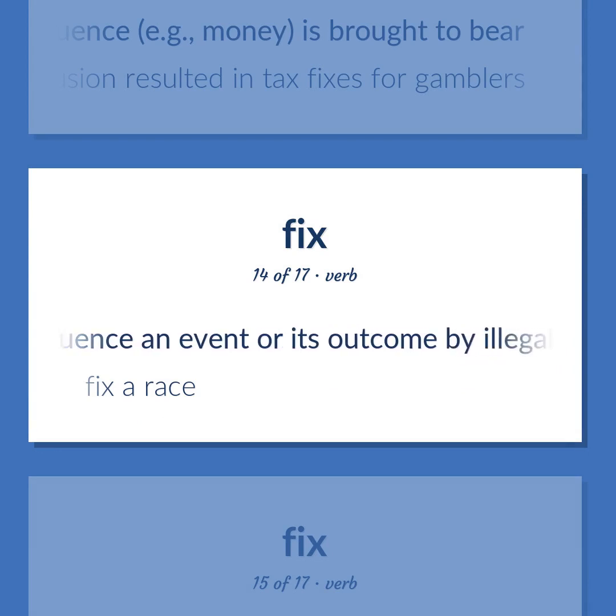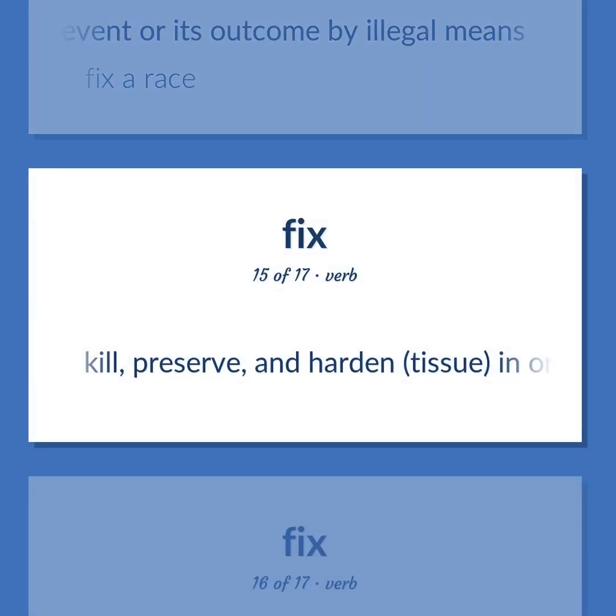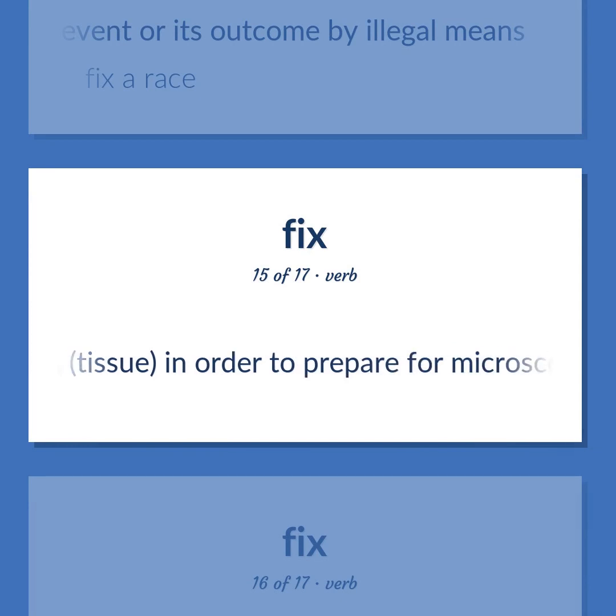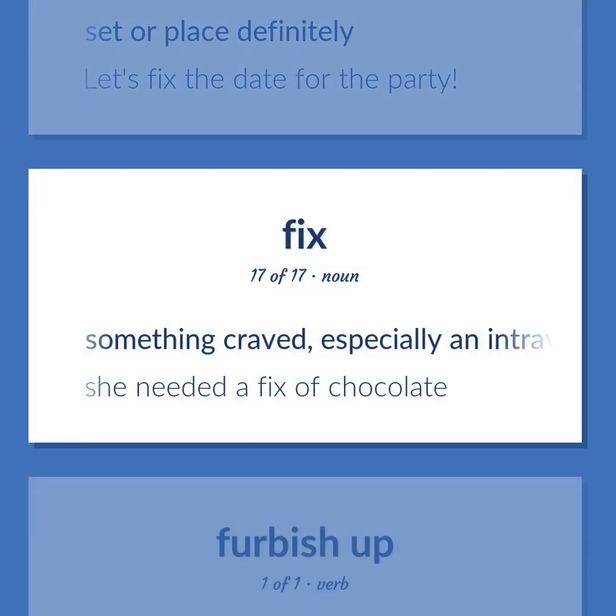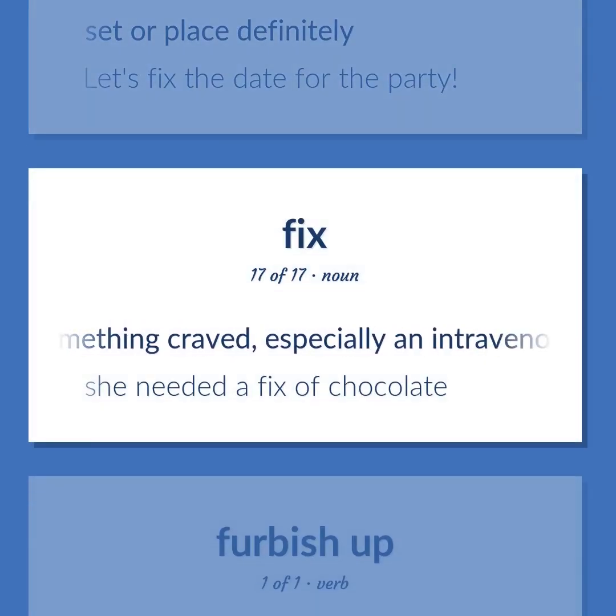Influence an event or its outcome by illegal means. Fix a race. Kill, preserve, and harden tissue in order to prepare for microscopic study. Set or place definitely. Let's fix the date for the party. Something craved, especially an intravenous injection of a narcotic drug. She needed a fix of chocolate.